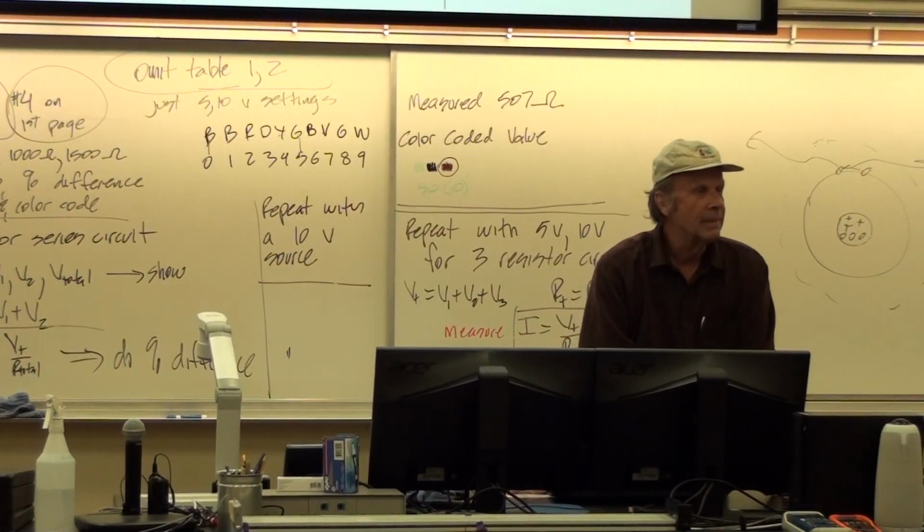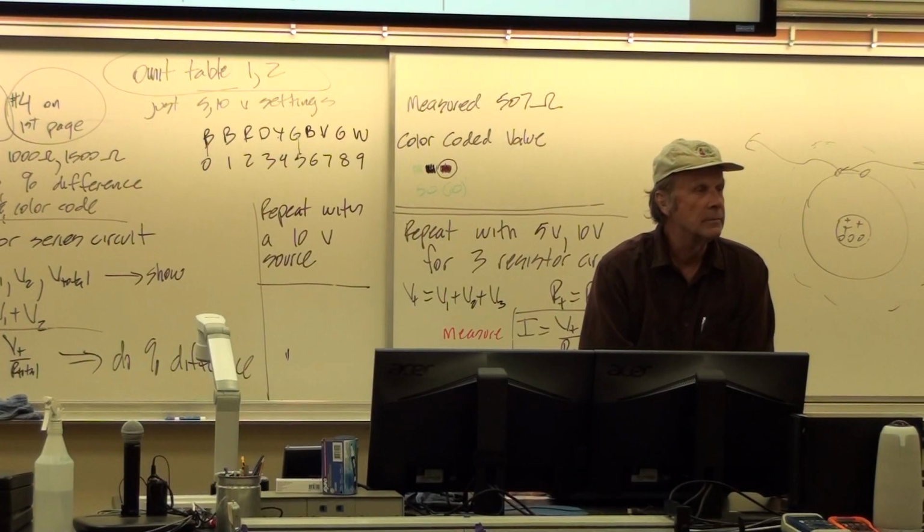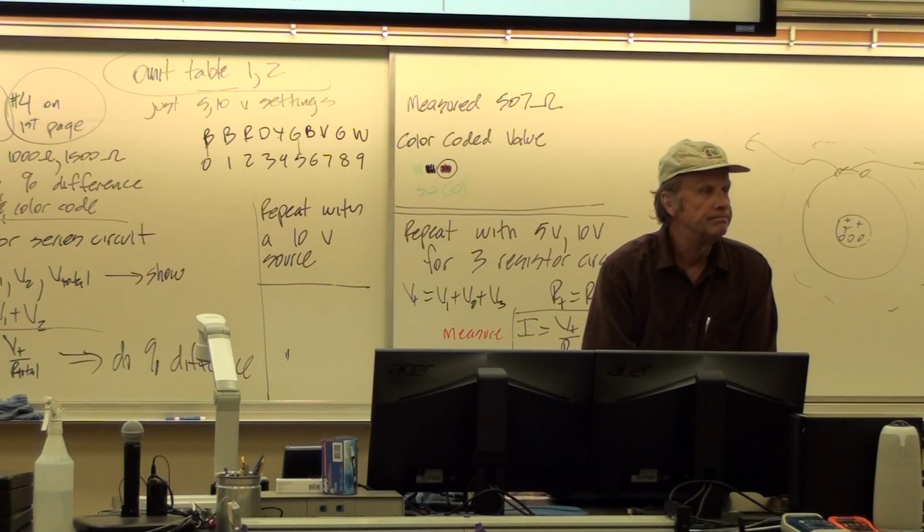Question? So how many electrons is a coulomb? I thought a coulomb was a charge. Yeah, that's a coulomb. The charge of 6.3 times 10 to the 18 electrons. Got it.